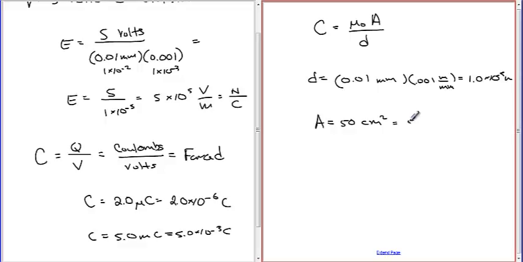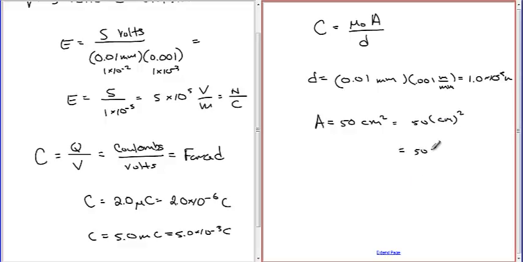So what you do is you have 50 centimeters squared, which 50 centimeters is 0.5 meters squared, which would be 0.25 meters squared. Something's wrong here. That's not right. Let's try it again. Okay, so it's 50 centimeters quantity squared. So it's the units that are squared.